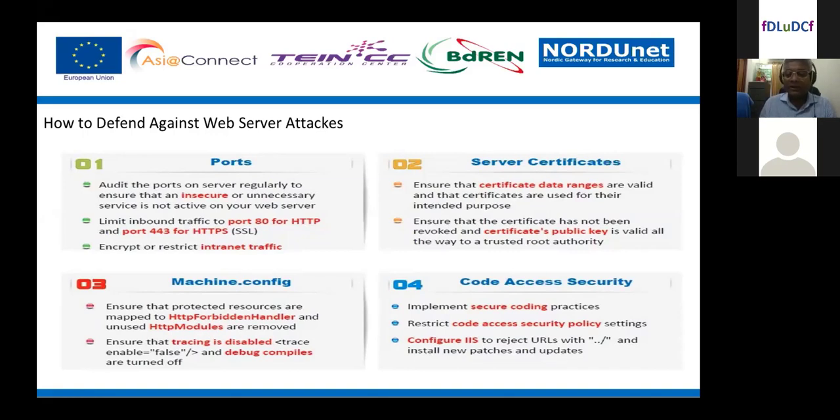You have to restrict the code access security policy and configure IIS to reject URLs that contain //, because we already know that this is directory traversal, and please strongly reject URLs using .. because using those types of sequences the attackers attack the system.